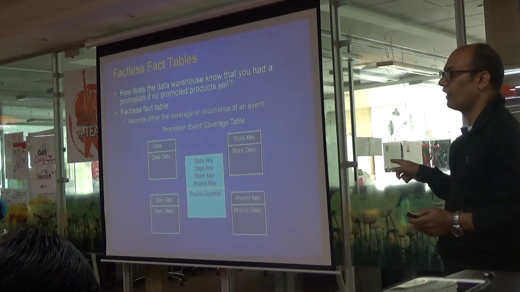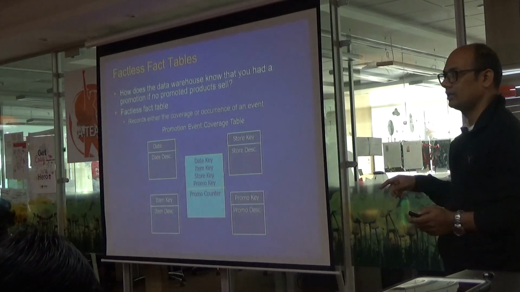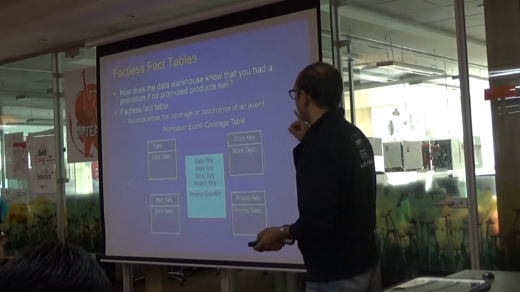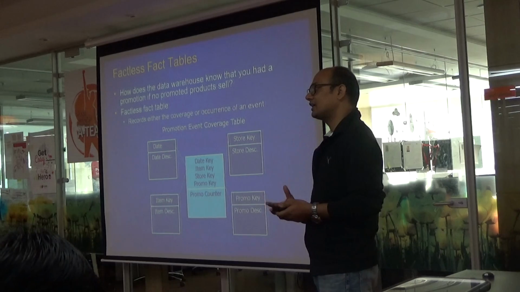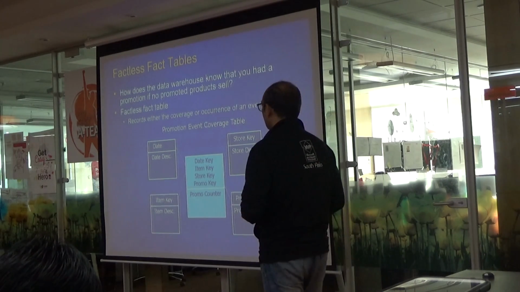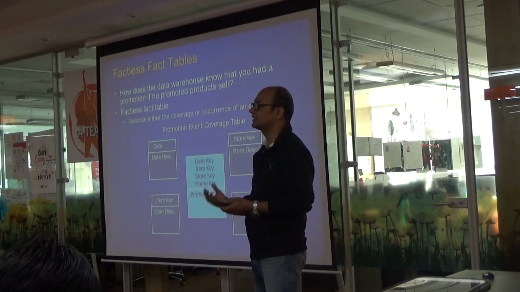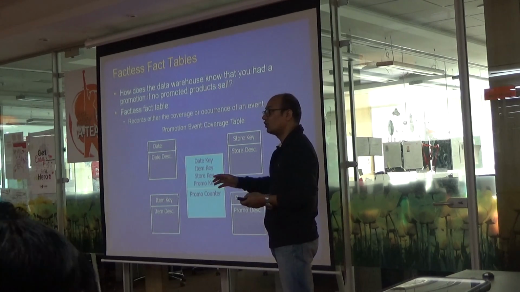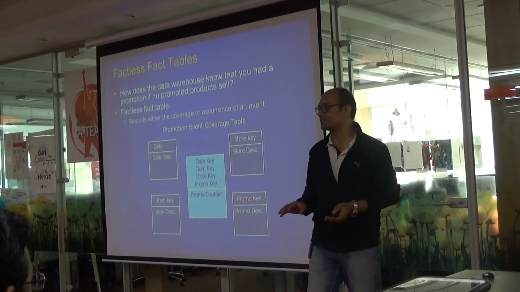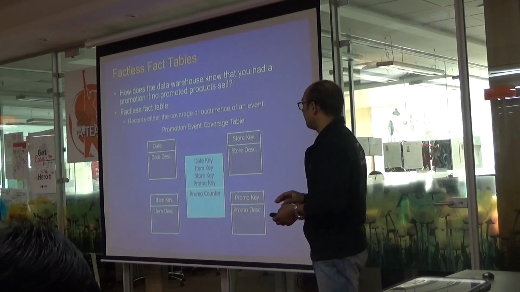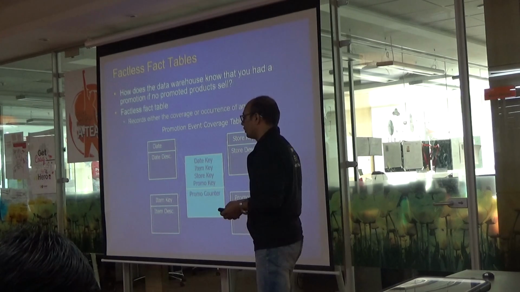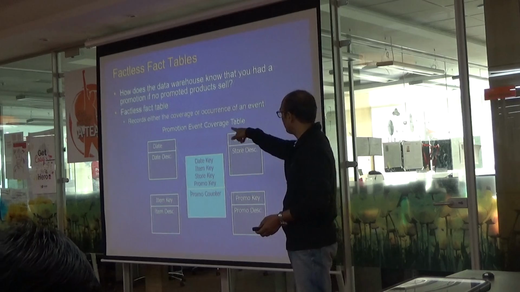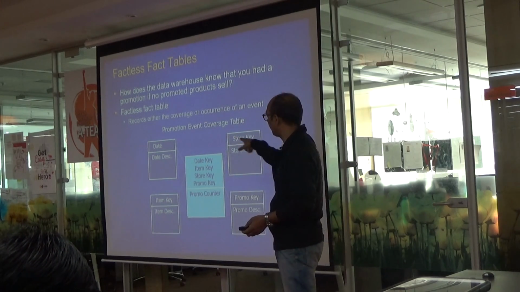Then we have something called a factless fact table. So what is a factless fact table? It is a table which does not contain any facts. It only consists of keys. There are no measures in it. For example, if I'm creating a data warehouse for attendance, I'm going to have an employee dimension and a date dimension.